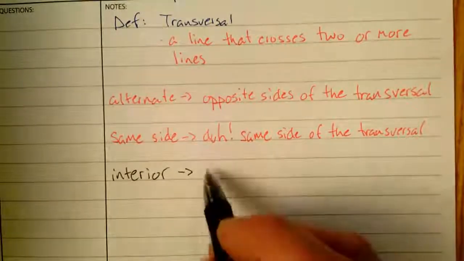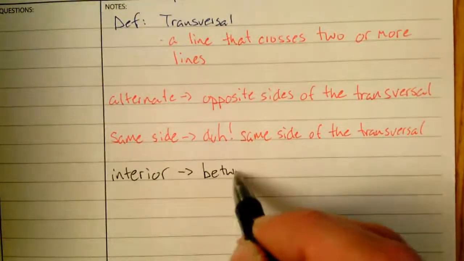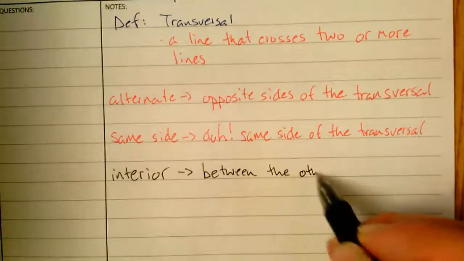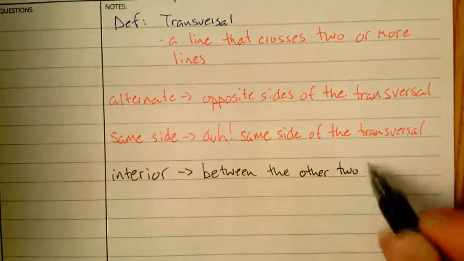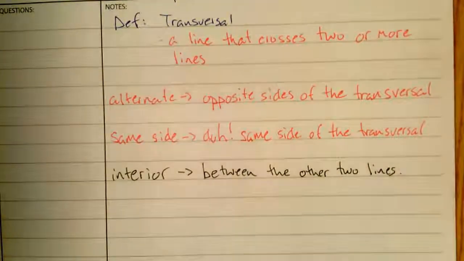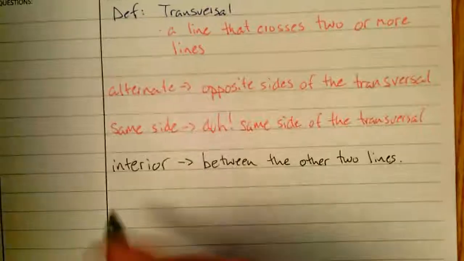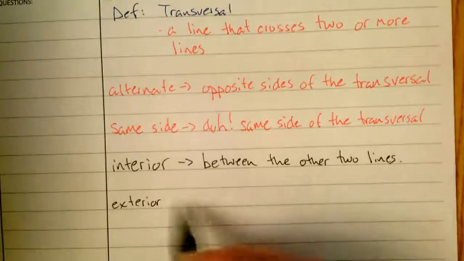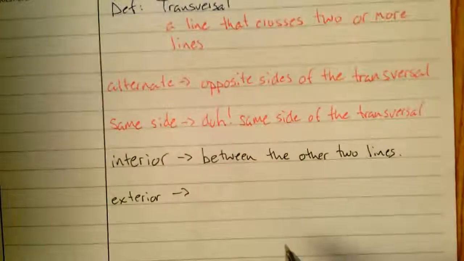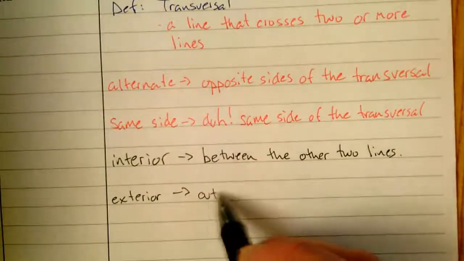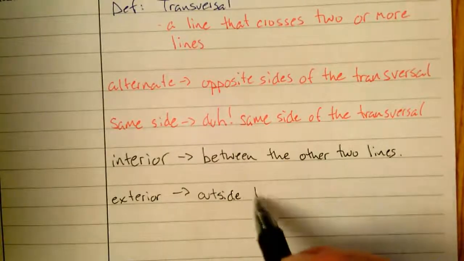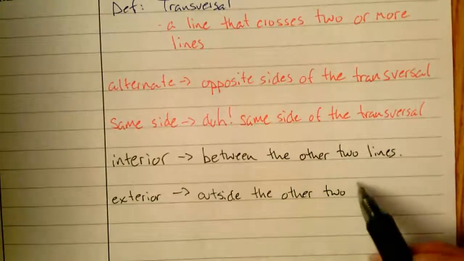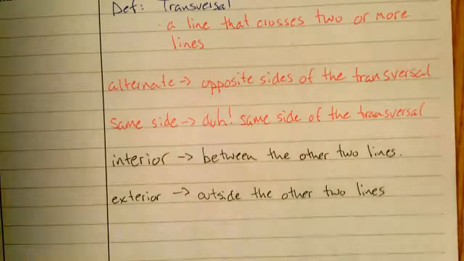Interior means between the other two lines, and exterior means outside the other two lines.